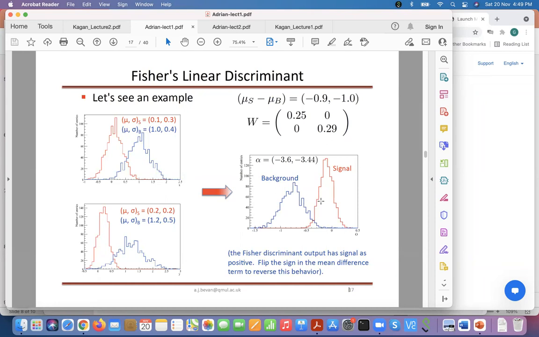So efficiency 100%, purity 100%. Not possible. Your ROC integral 1, not possible. So you have to compromise, or you have to stay with this much so-called background contamination in your sample.